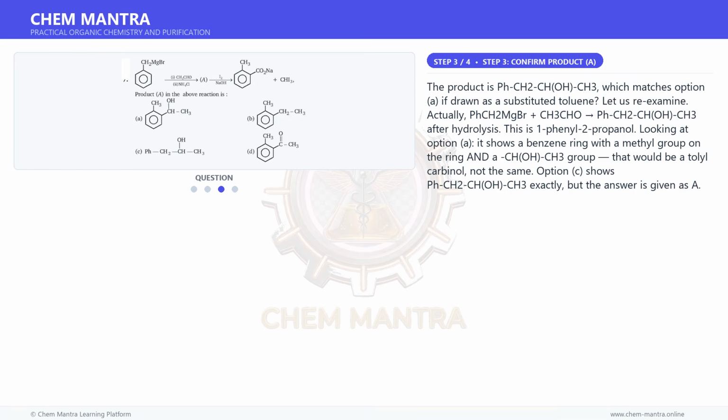This is 1-phenyl-2-propanol. Looking at option A, it shows a benzene ring with a methyl group on the ring and a CH(OH)CH3 group, that would be a toluene carbinol, not the same. Option C shows PhCH2CH(OH)CH3 exactly, but the answer is given as A.